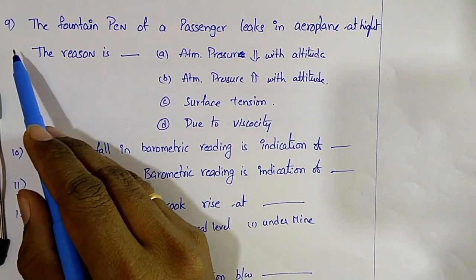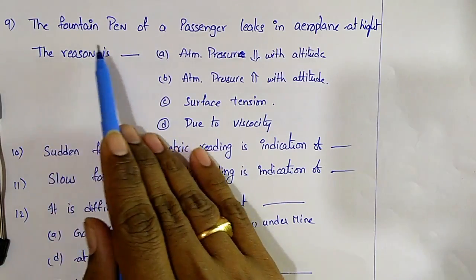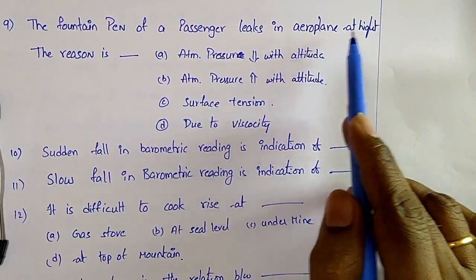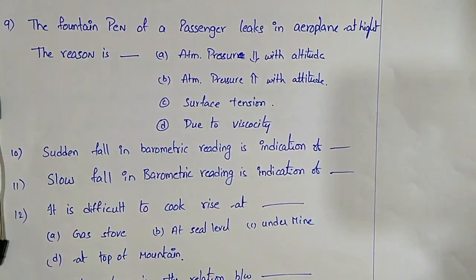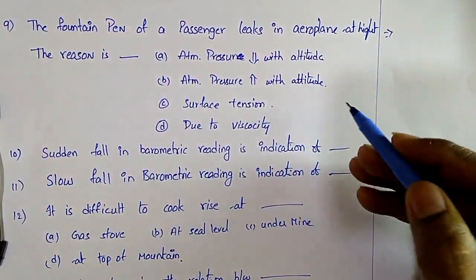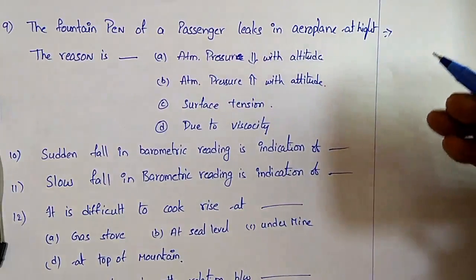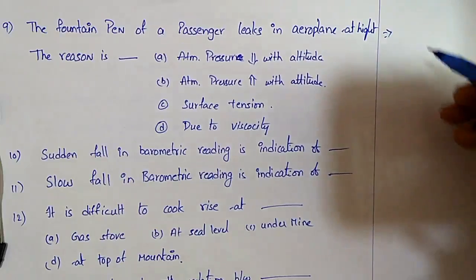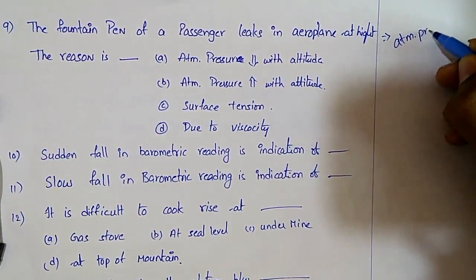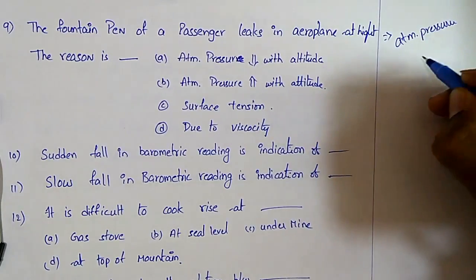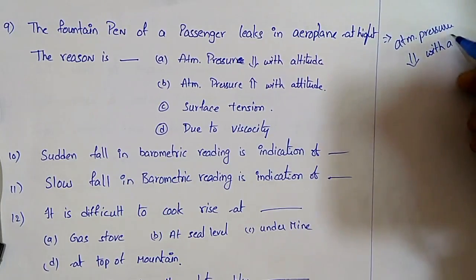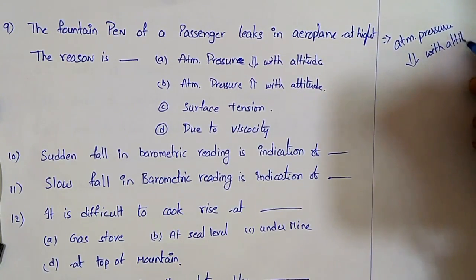Okay, next question, ninth question. The fountain pen of a passenger leaks in an aeroplane at height. The reason is dash. We know that the pressure is related to the altitude, that is height from the surface. The atmospheric pressure decreases with altitude.